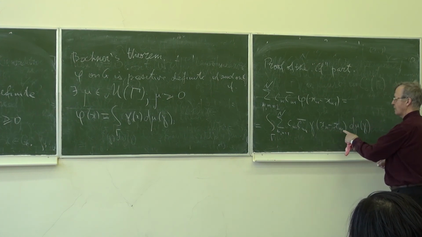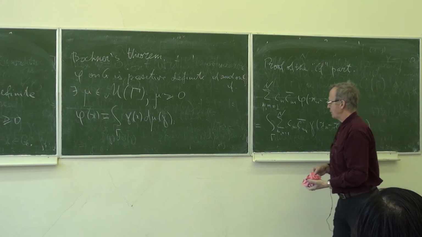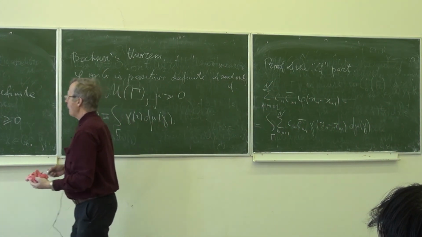And so we need to estimate the integrand simply. Mu is a positive measure, so we should prove that the integrand is positive.